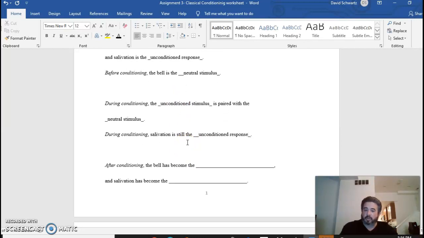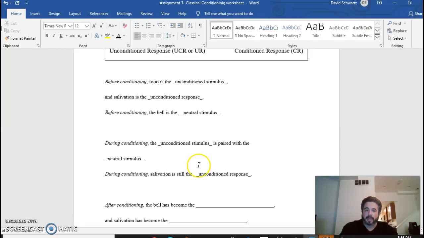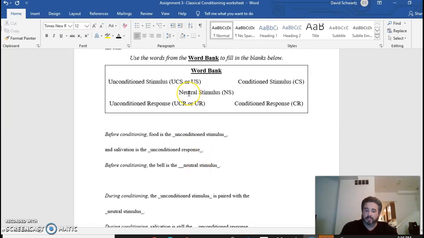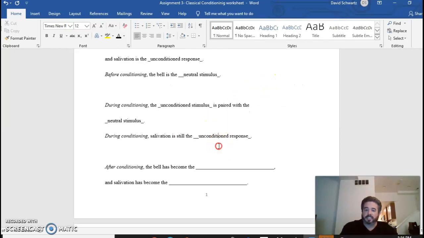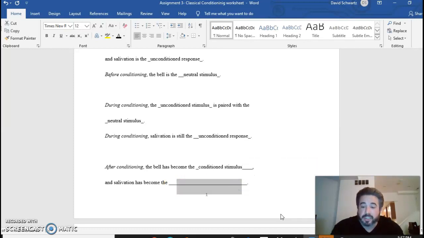After conditioning, when learning has taken place, the bell, which used to be the neutral stimulus, has now become the conditioned stimulus. And salivation, because it is happening in response to the bell, is no longer unconditioned.